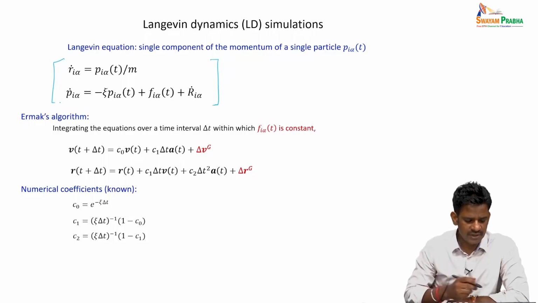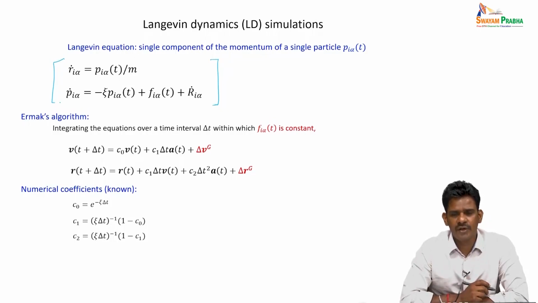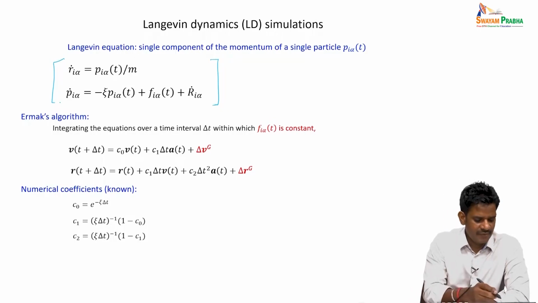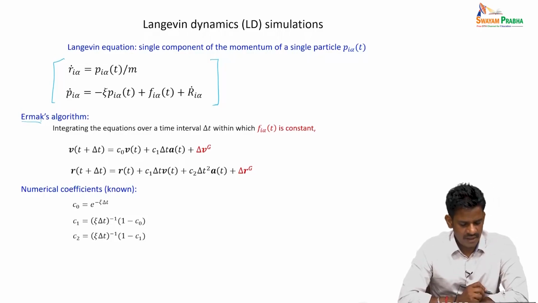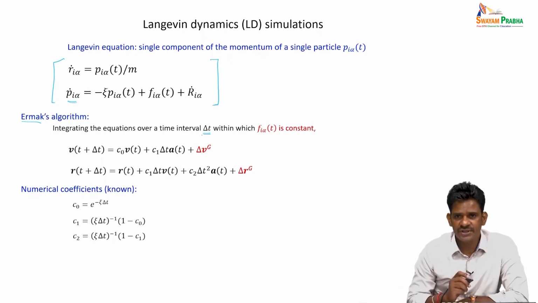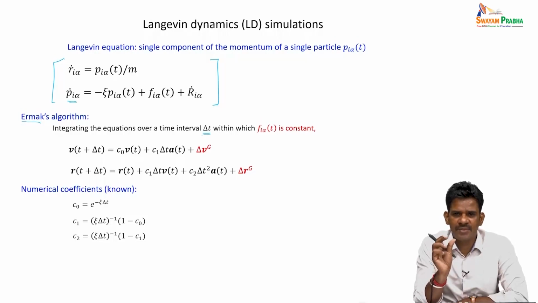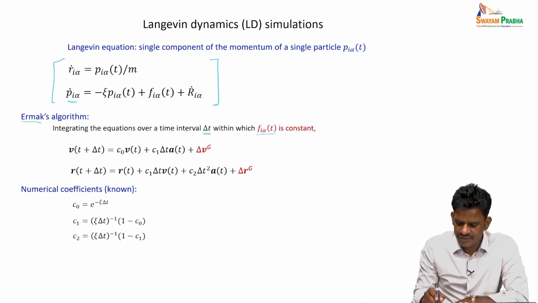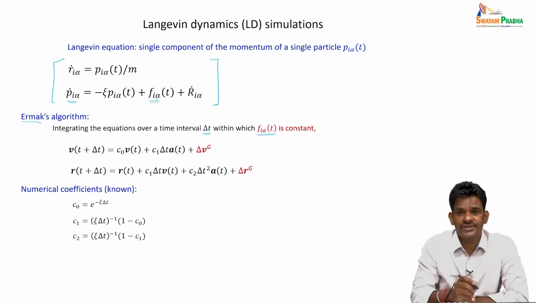So, when we go about deriving an algorithm, there are many algorithms. The one I am going to talk about here is known as Ermak's algorithm, and the basic assumption in this algorithm is that these equations, especially the momentum equation here, are integrated over a small time step delta t, with an assumption that over a small period of time delta t, the conservative forces F i alpha here stay constant.